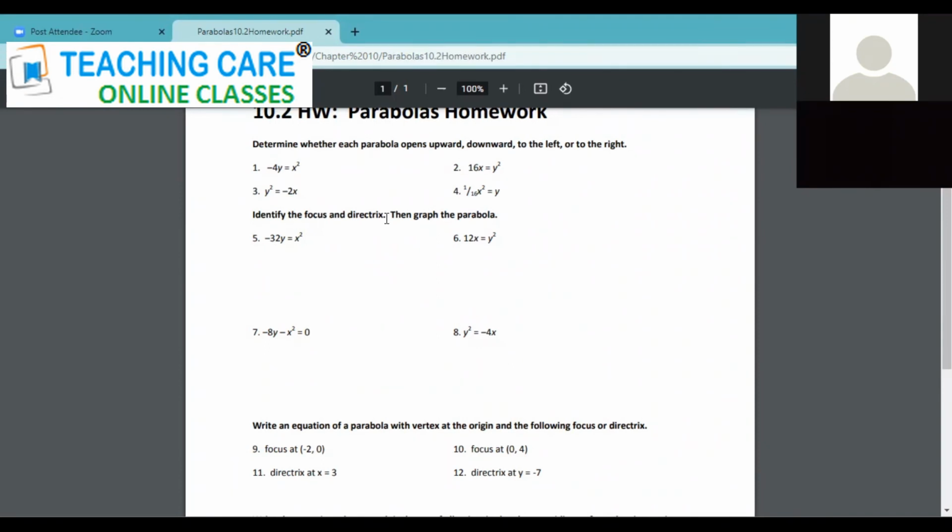Depending upon that, just find out the focus and the directrix. The directrix is y equals 8. The focus is (0, -8).